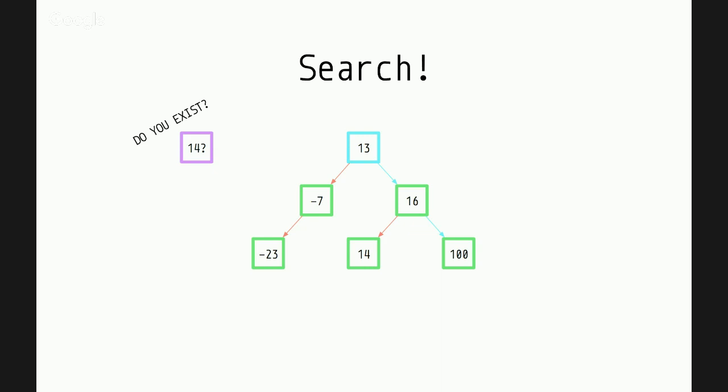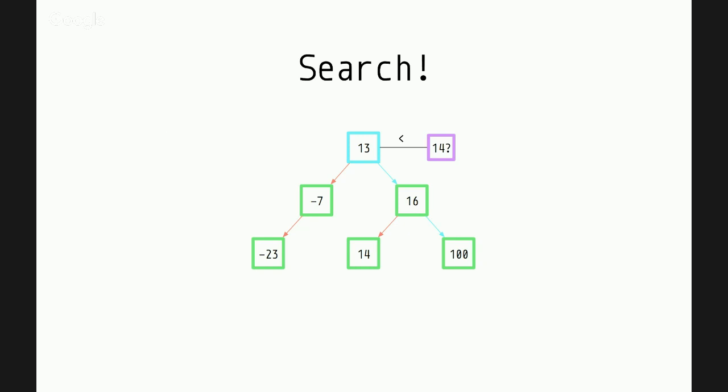So we can exploit this to find a value in our data set very quickly. So we're going to walk through a step-by-step search for 14 here. Let's find out if it exists.